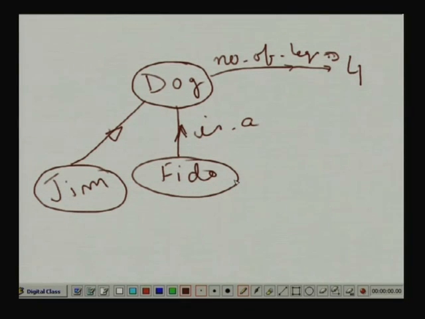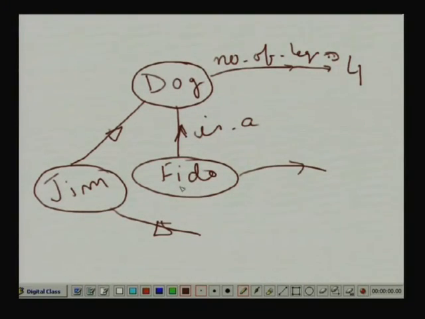I did not store the fact that Fido has 4 legs and Jim has 4 legs. If I had to store that all the time, so if I had to store here again that Jim has 4 legs, that would be a redundant storage that is not required, right.